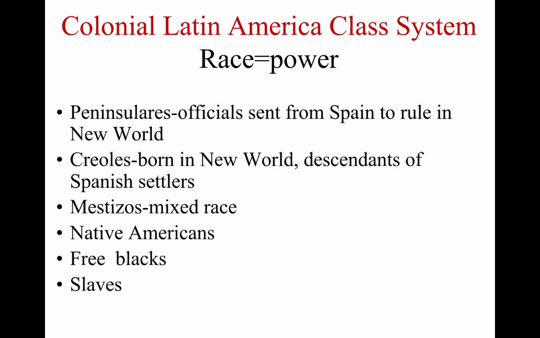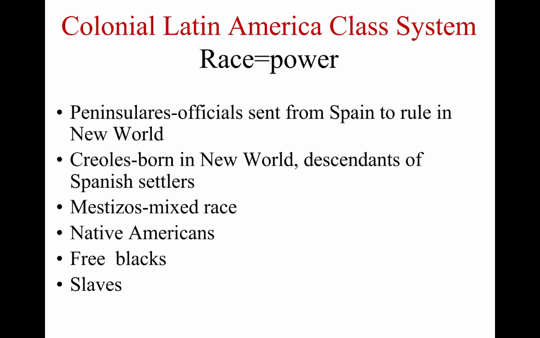All right, but here we're even seeing, even if you have the same descendants, where you're born can even dictate your power. Then we have the mestizo, quote-unquote, race or mixed race. Some people simply look at mestizo as being Native American and Spanish heritage, but it gets really, really specific and hierarchical.